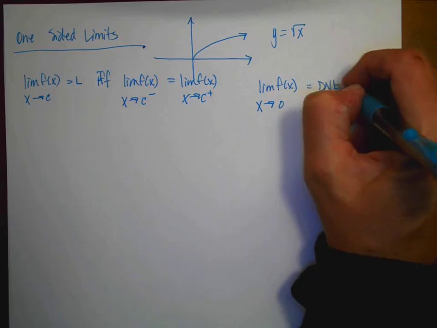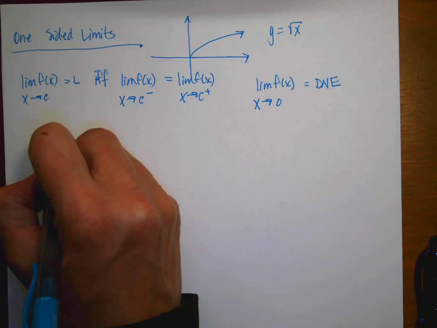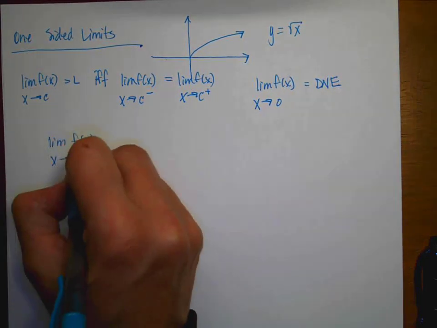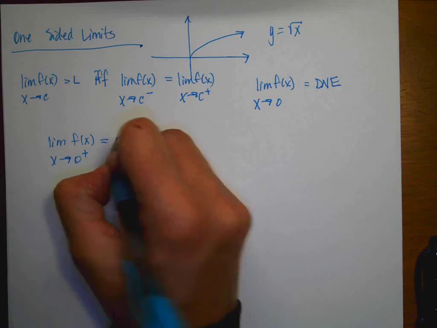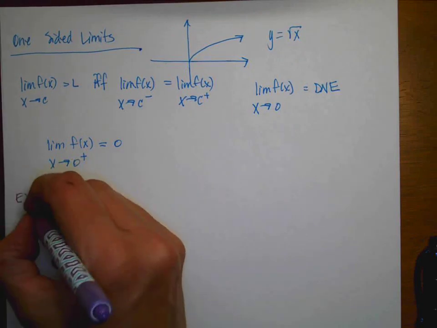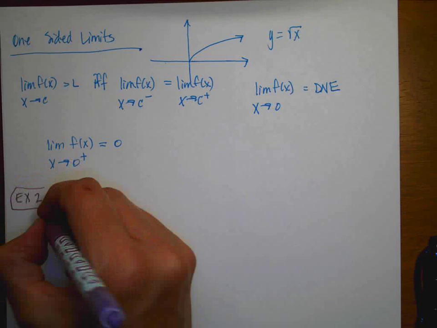So I would have to say, does not exist. But I could say the limit of f of x as x approaches 0 from the right is equal to 0. So a one-sided limit means that sometimes a function doesn't have another side, so I can consider that limit.